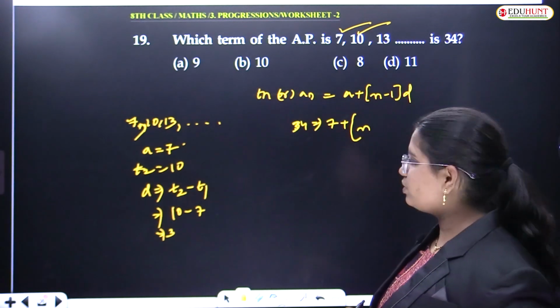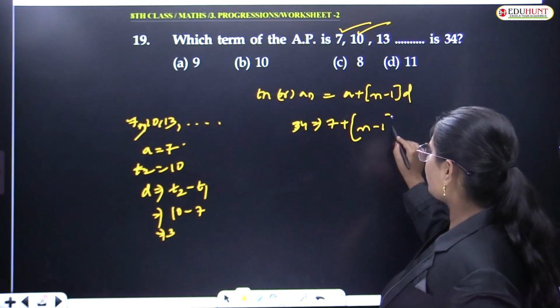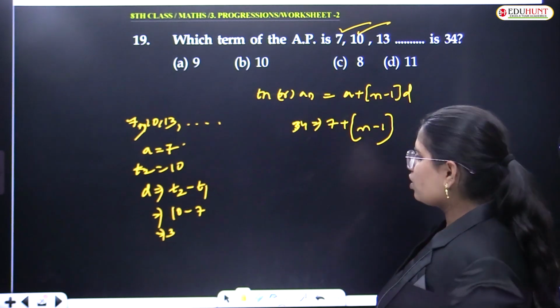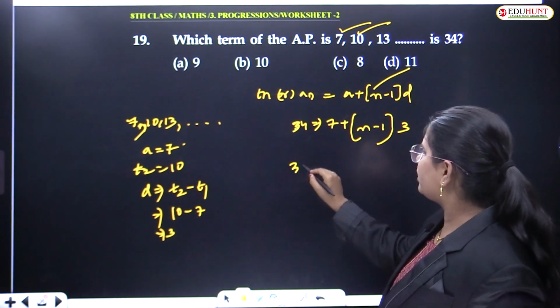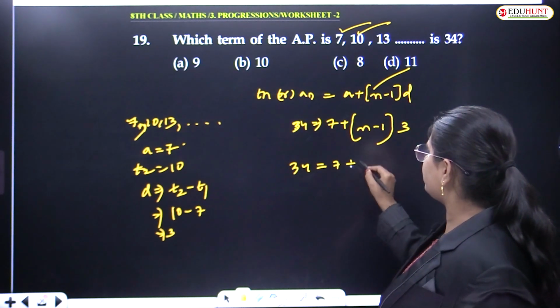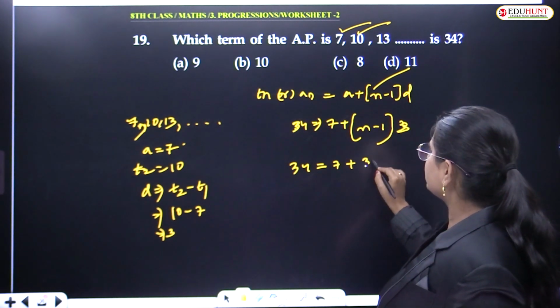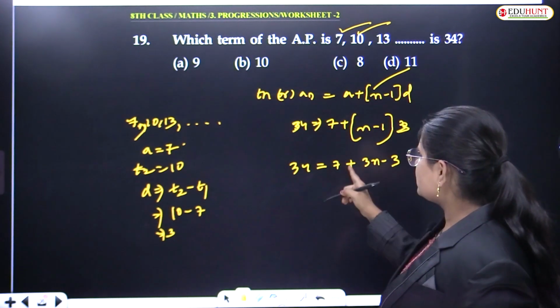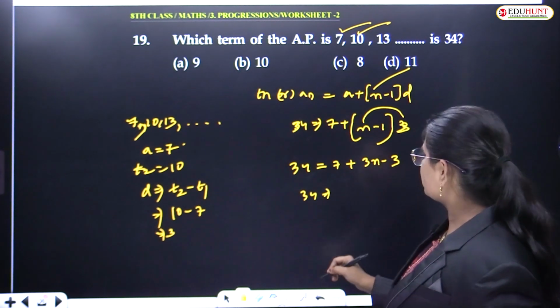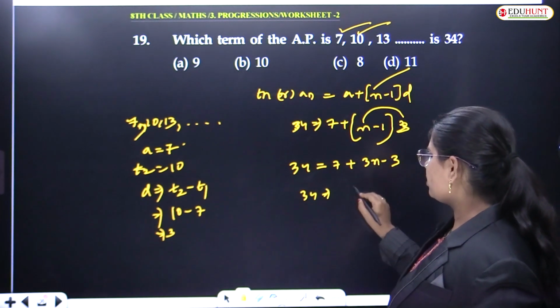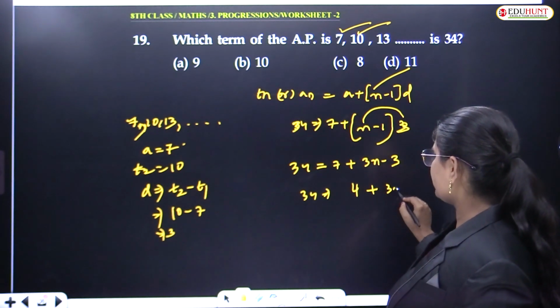The common difference is 3, right? So 34 is equal to 7 plus 3 into N minus 1, that is 3N minus 3. So 7 minus 3 is 4, so it is 4 plus 3N.